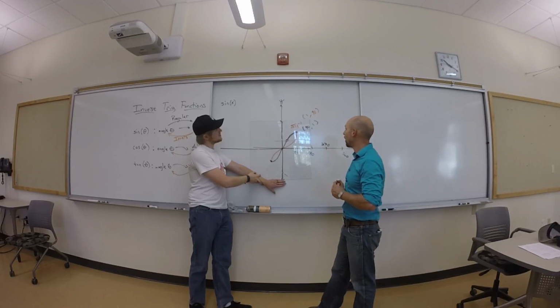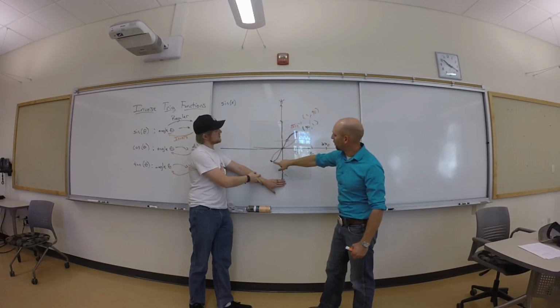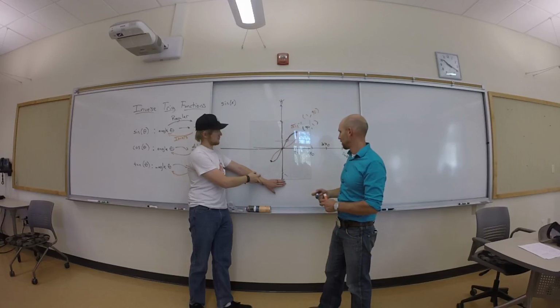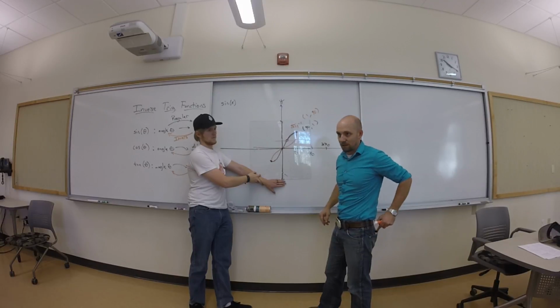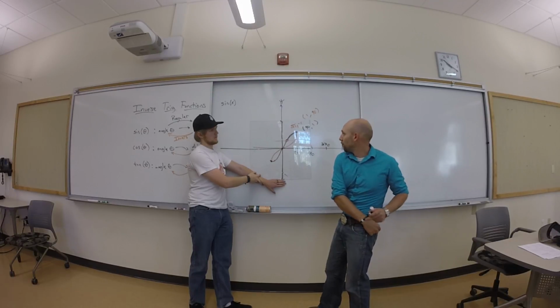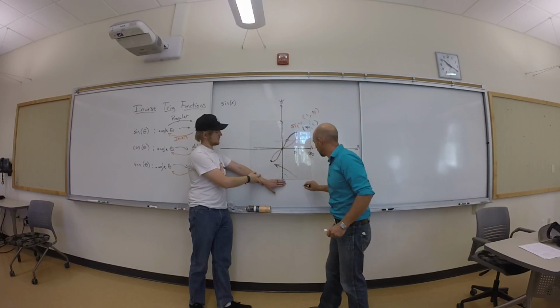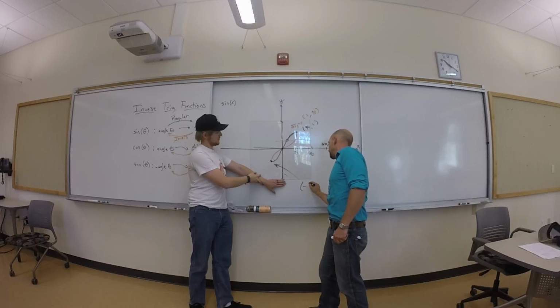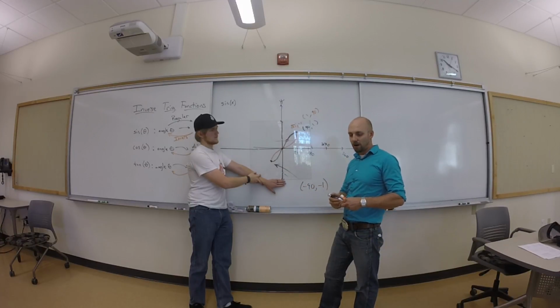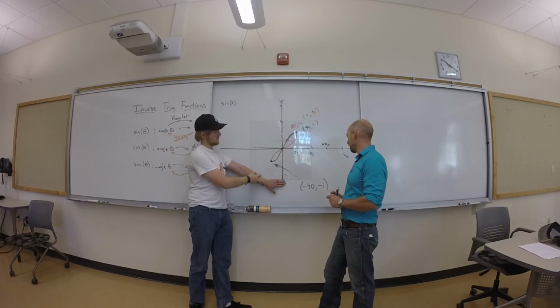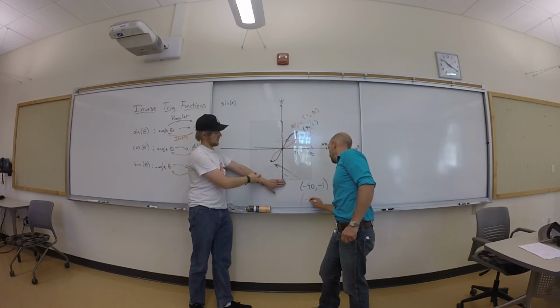Okay, so how about this point? Yeah, in the black. So in the black, that was negative 90 comma negative 1. And now after I flip things in the orange, what is it? Negative 1 comma negative 90.